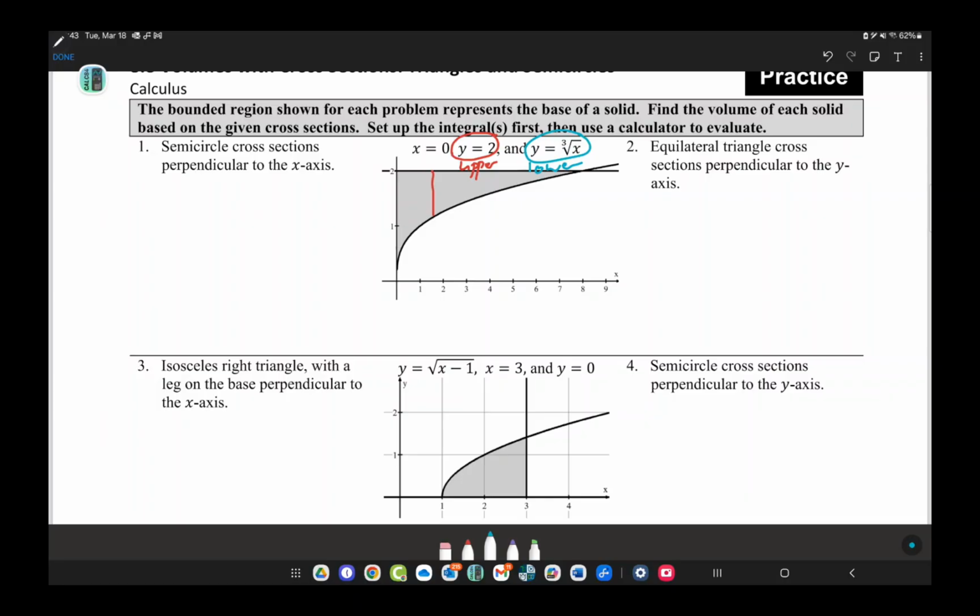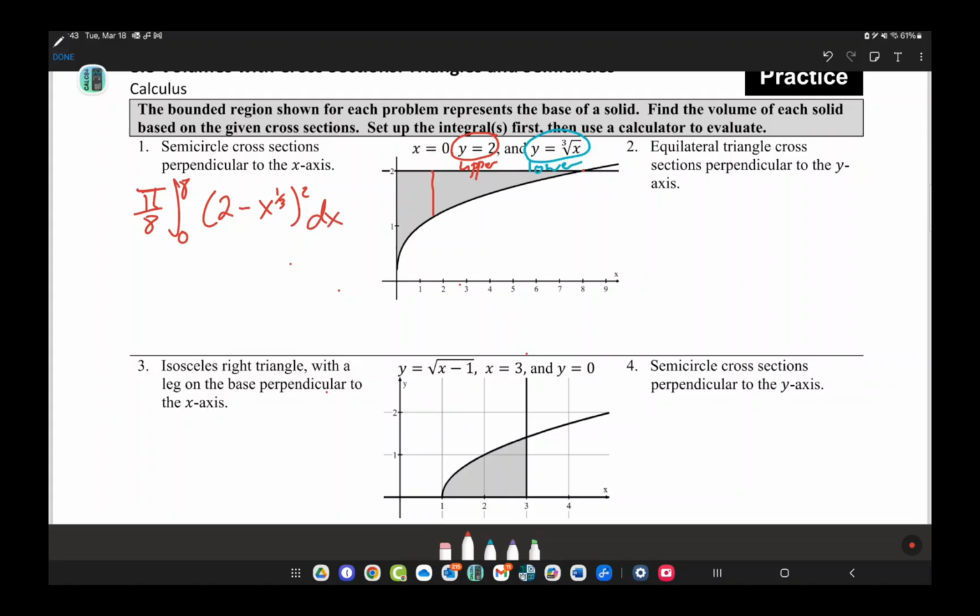Again, it is much easier if you just remember that this is going to be pi over 8 integral. It looks like they go from 0 to 8, because if I plug in 8, I get 2. Of 2 minus x to the 1/3 squared dx.